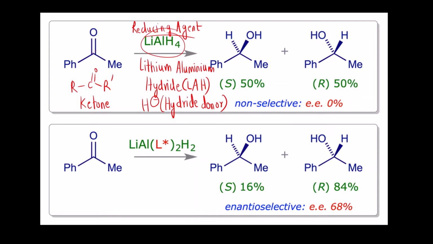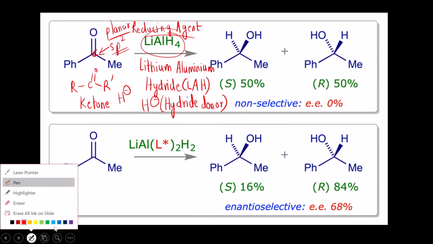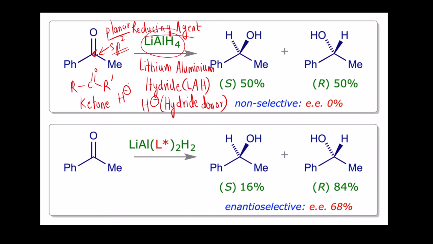Okay, so we know that this carbon is sp2 hybridized. That means it is planar. Now for H minus, there are two possibilities. It can attack either from above the plane or from below the plane. If it attacks from above the plane, then we get the R enantiomer, and if H minus attacks from below the plane, then it forms the S isomer.